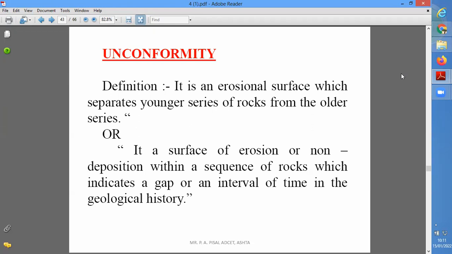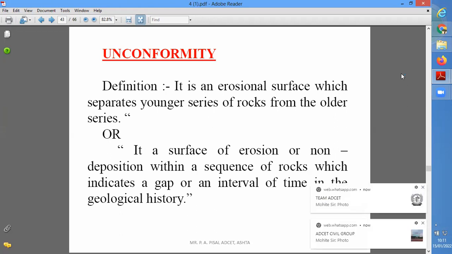It is completely opposite to conformity. Okay. So can anybody tell me the meaning of conformity? What is the meaning of conformity? Conformity, unconformity.